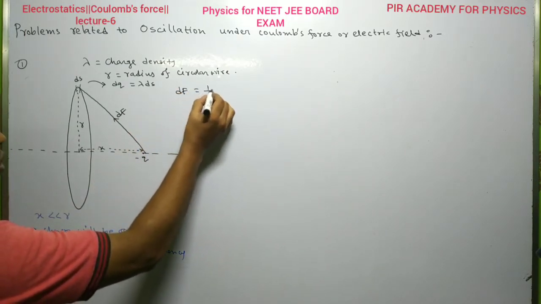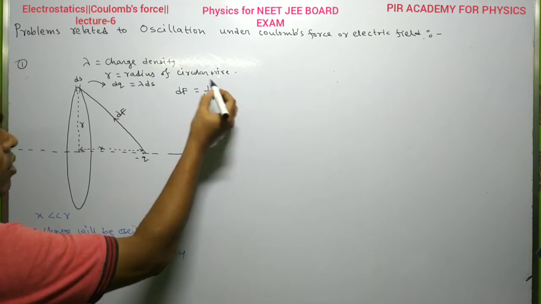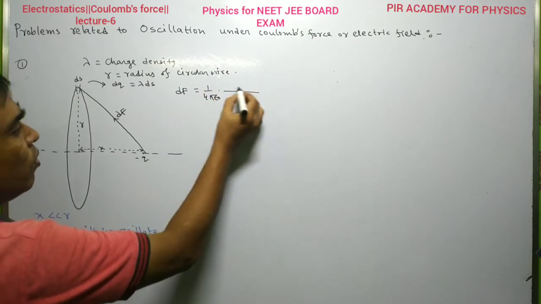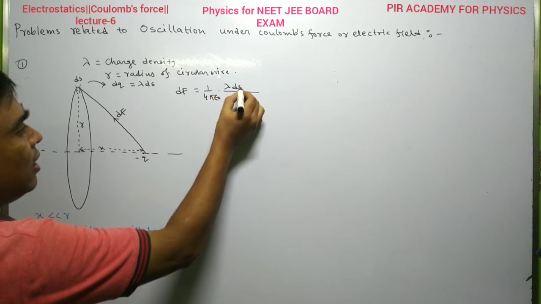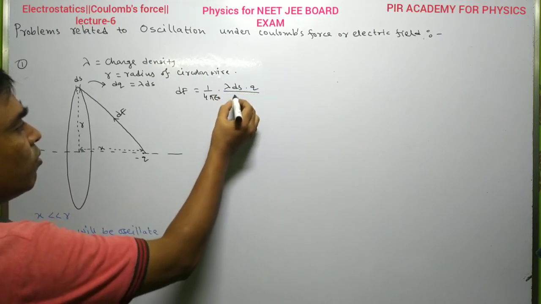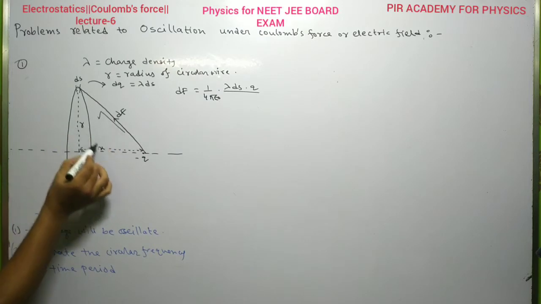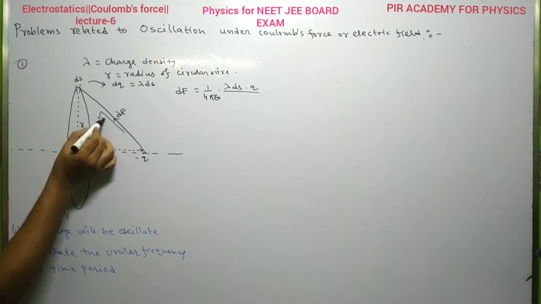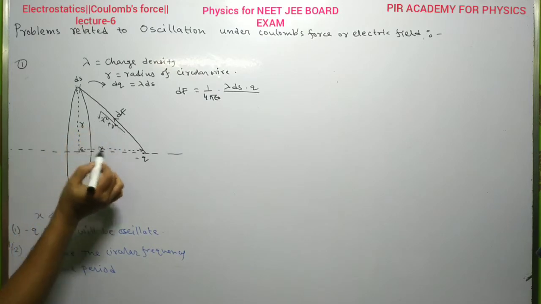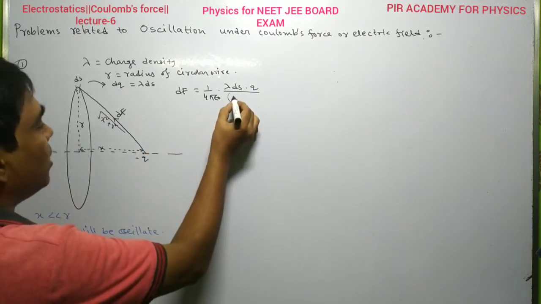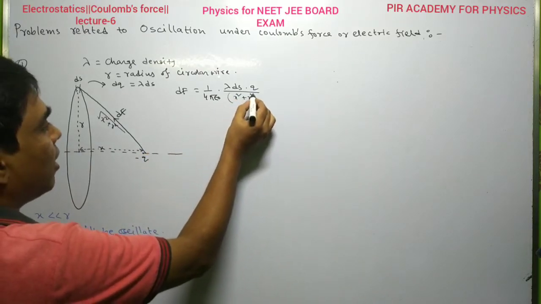What will be the value of dF? dF will be 1 by 4 pi epsilon naught into lambda ds into q by the distance squared. If this is r and this is x, then it will be x square plus r square.